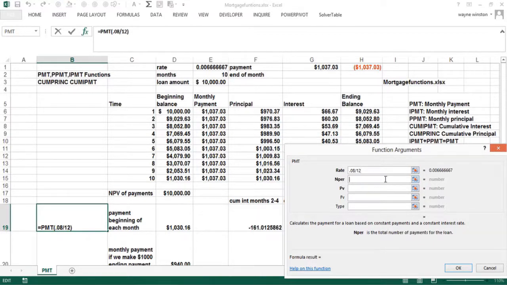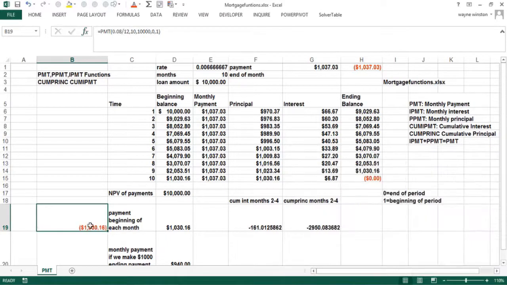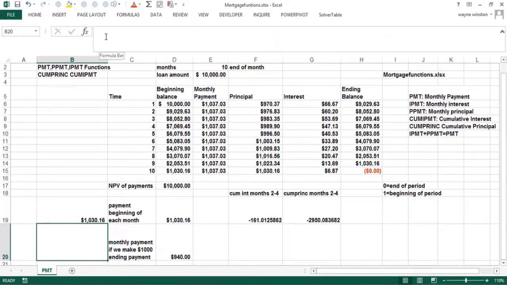It's a 10-month loan. I borrowed $10,000. There's no future value. And this time it was beginning of the month. Okay, and a minus sign in front of that when I'm done here would make that a positive payment. Okay, the minus indicates I'm paying money.